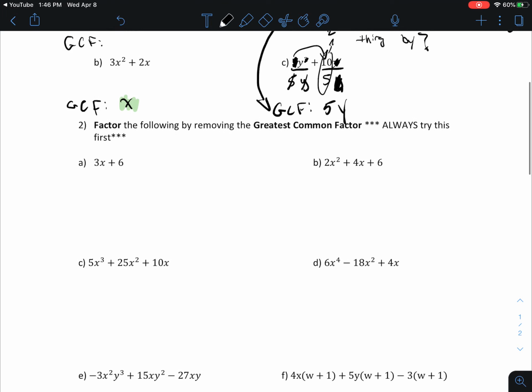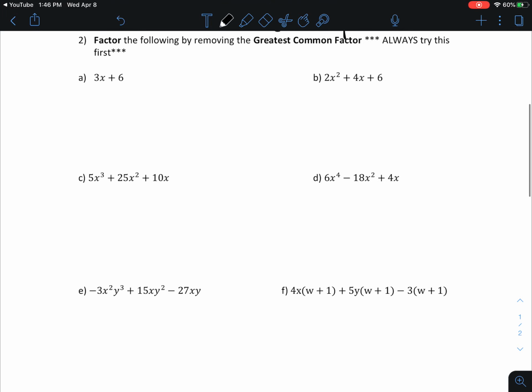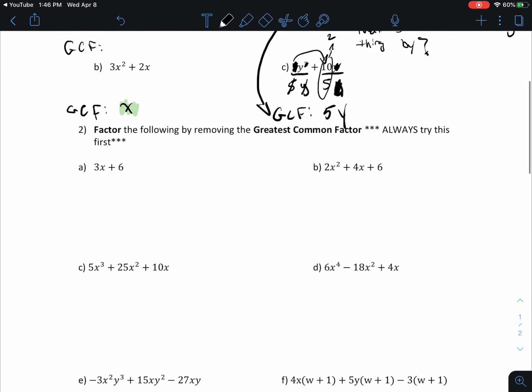So this is going to get into what I was talking about at the beginning. On Monday's lesson, the first lesson, we took whatever was out front of the brackets and multiplied it in with distribution or the table method or FOIL.